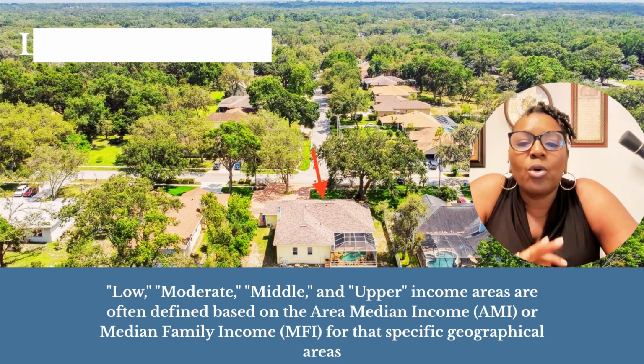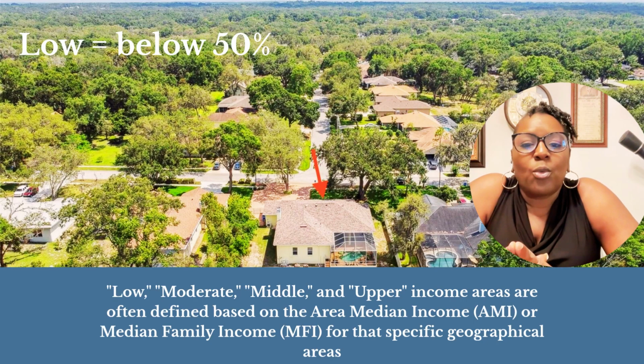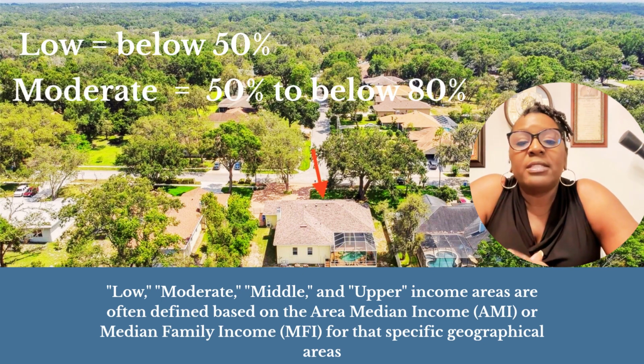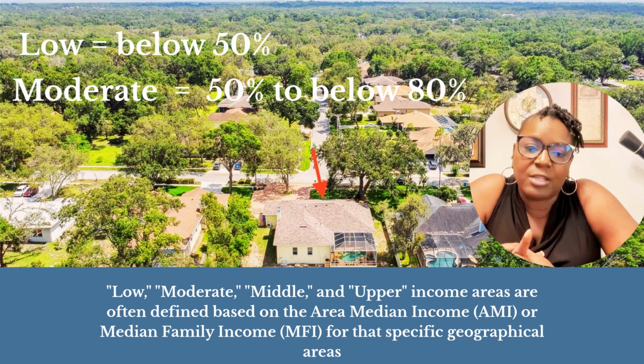A low income area is a census tract where the median family income is less than 50% of the area median income. A moderate income area is a census tract where the median family income is at least 50%, but less than 80% of the area median income.